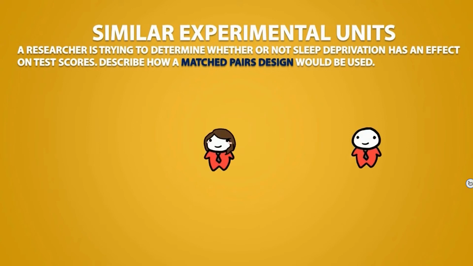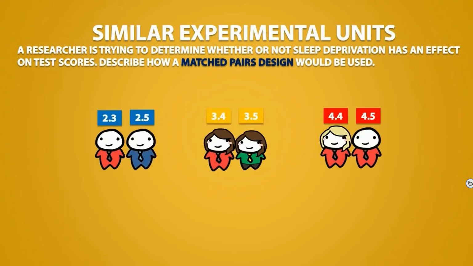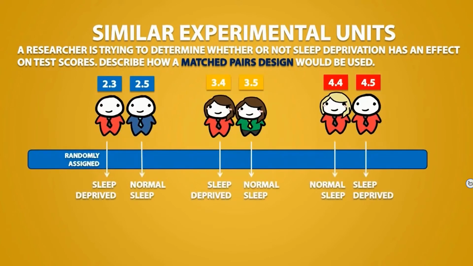Instead, we could start off by pairing up students with similar GPAs. So for example, the 2 students with the highest GPAs will be matched up together, and the 2 students with the lowest GPAs would be matched up together. Then, each pair will be split up and randomly assigned to one of the 2 treatments. So for a pair, one person will get the sleep-deprived treatment, and the other person will get a normal amount of sleep.